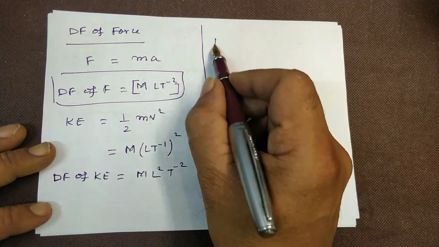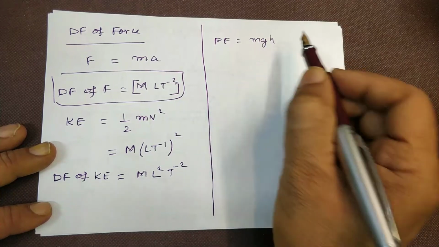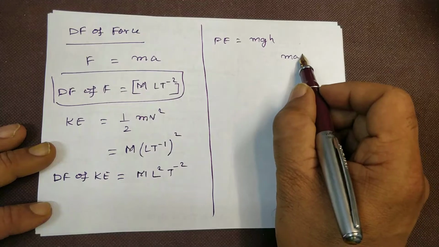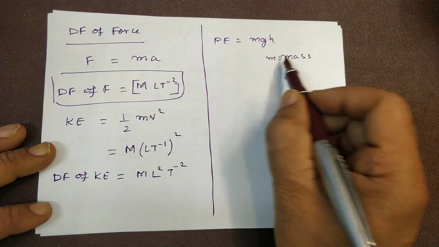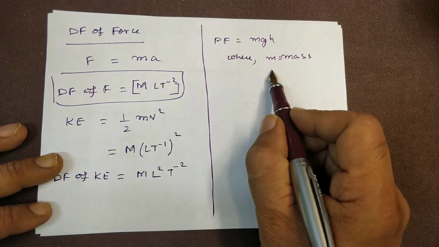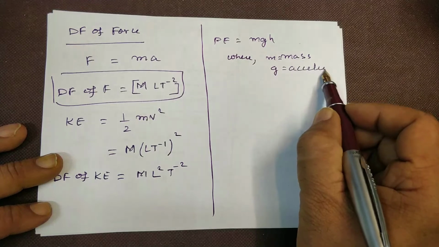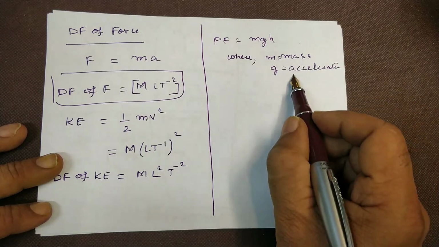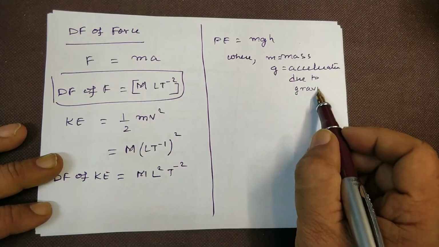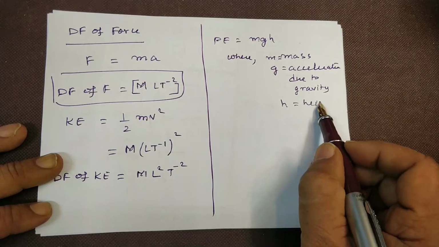Similarly, potential energy is mgh, where m is mass, g acceleration due to gravity, h height.